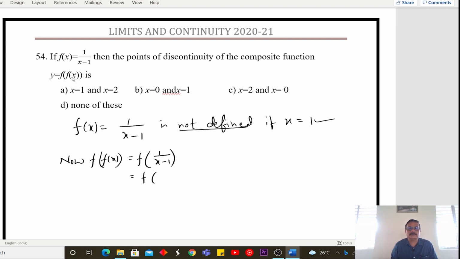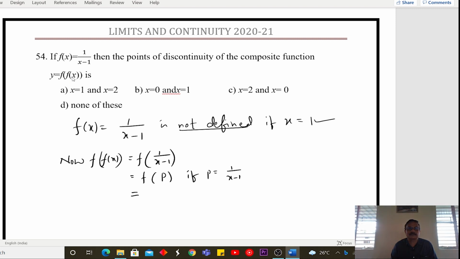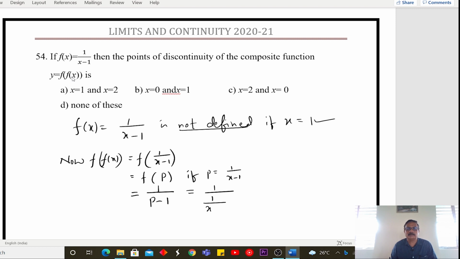That is f of that value 1 divided by x minus 1, call it as p, where p is equal to 1 divided by x minus 1. Right? Now, since f of x is equal to 1 by x minus 1, instead of x, replace x by p. See what happened? 1 divided by p minus 1. Correct? But the value of p is 1 by x minus 1, so 1 by 1 by x minus 1 minus 1.